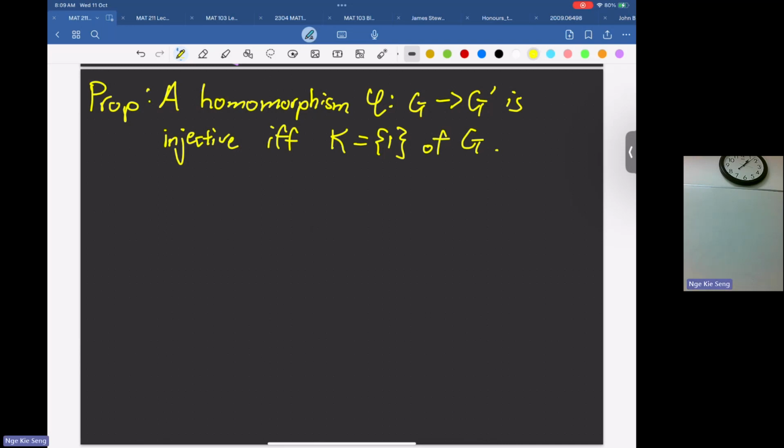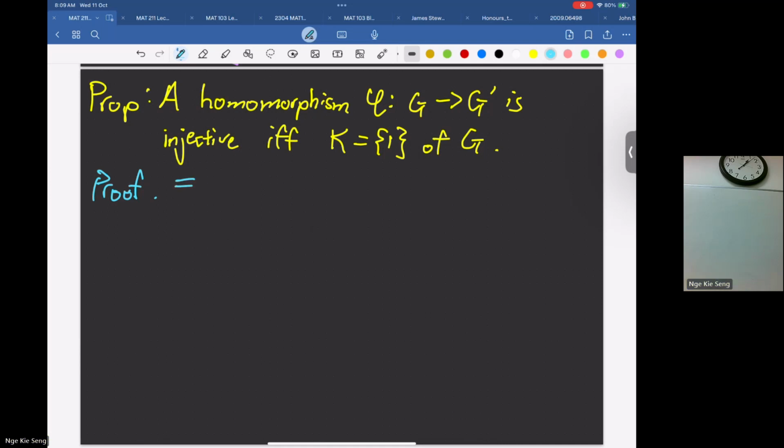One direction is easy. Which direction do you think is easier?